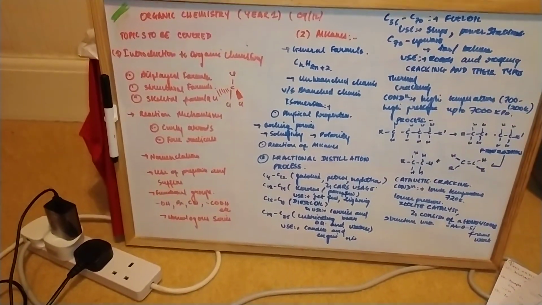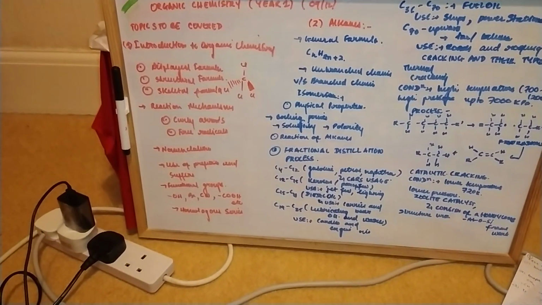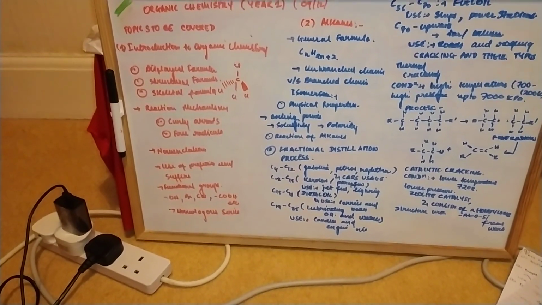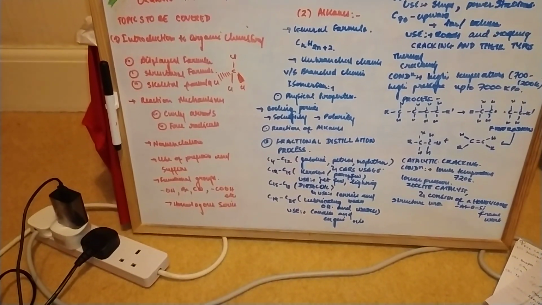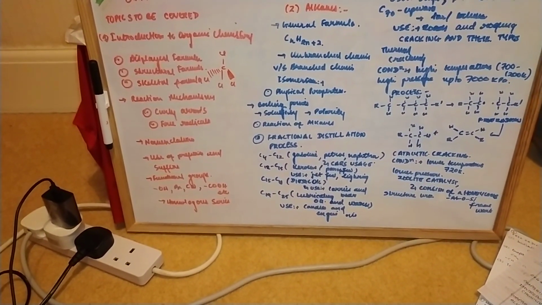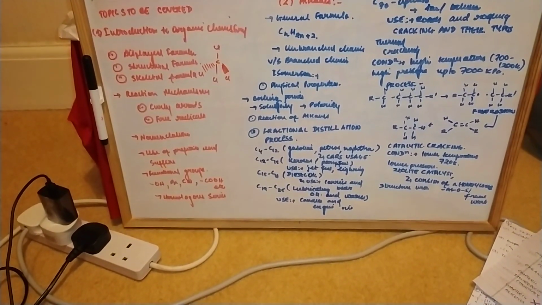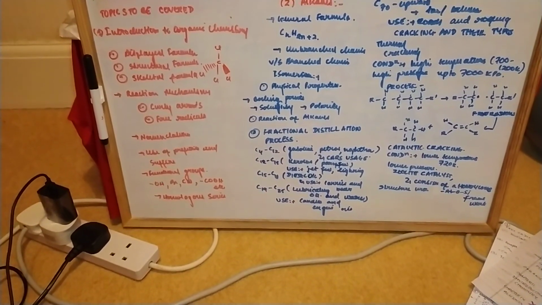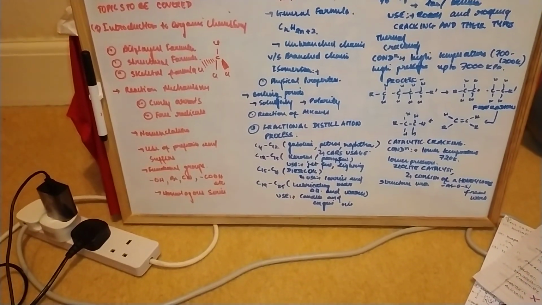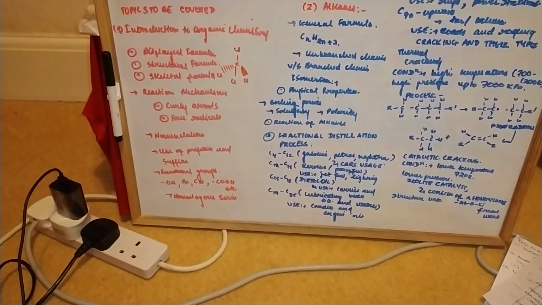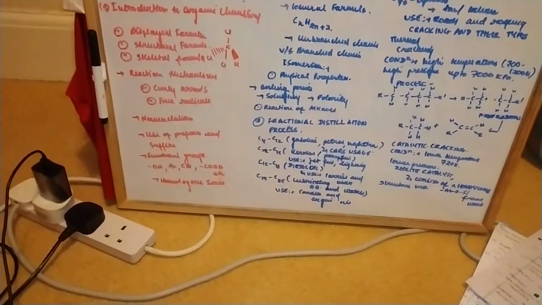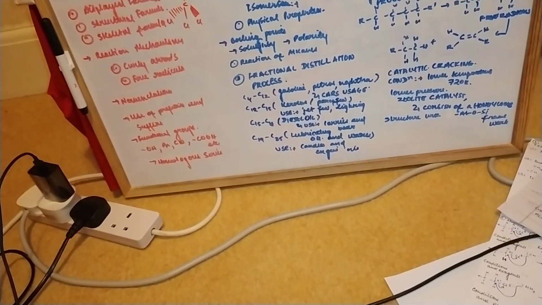Which brings us on to solubility. Alkanes are insoluble in water. This is because the water molecules are held by hydrogen bonds, which are much stronger than the van der Waals forces that act between the alkane molecules. However, alkanes do mix with other relatively non-polar liquids.